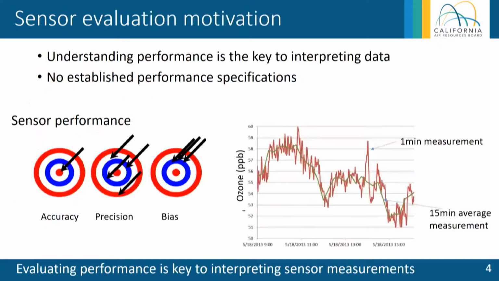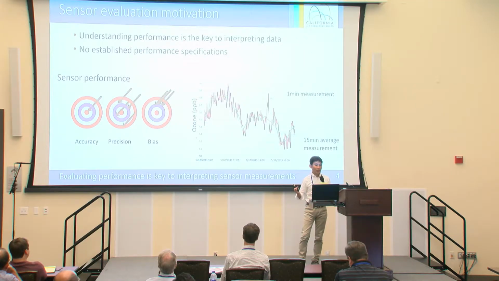Let's move on. We talked about sensor evaluation, but unlike the regulatory monitoring stations, those sensors don't come with nice calibration or audit processes. So understanding the performance is key to interpreting data.